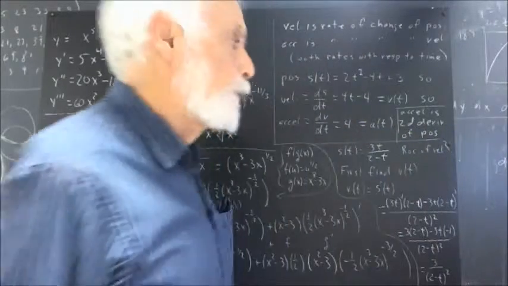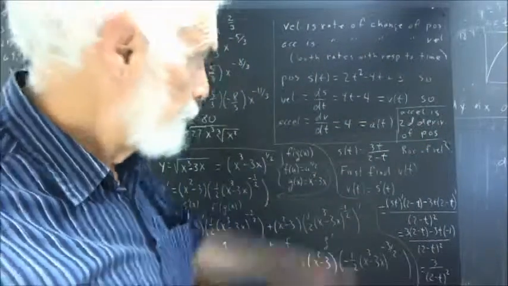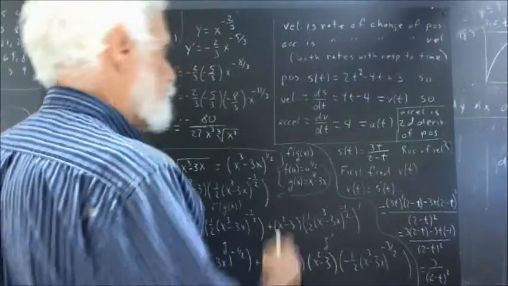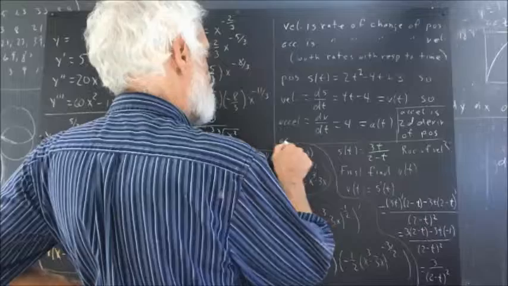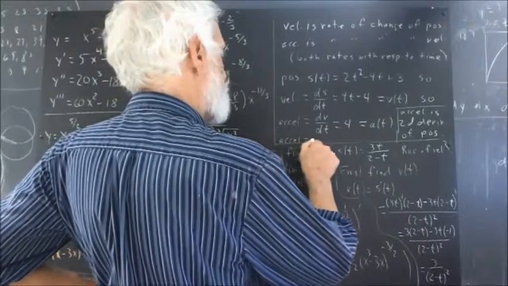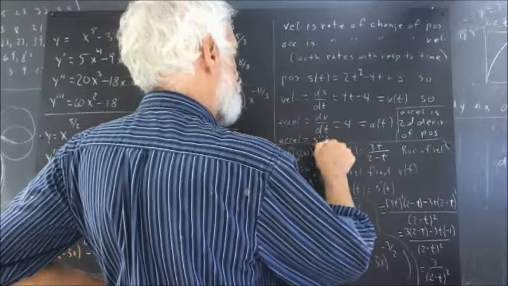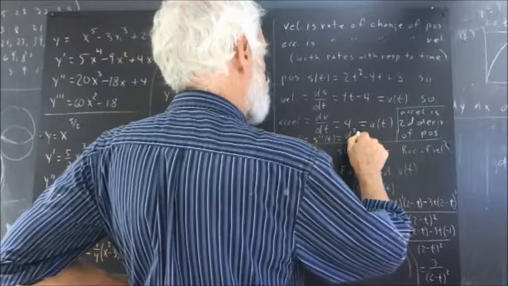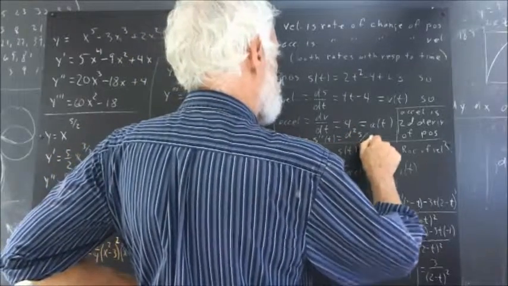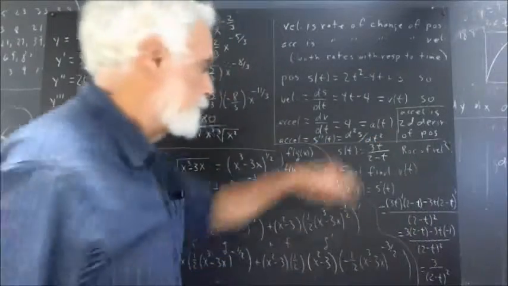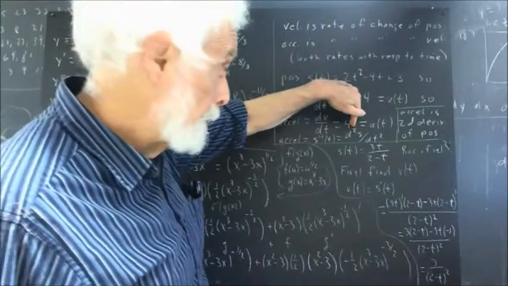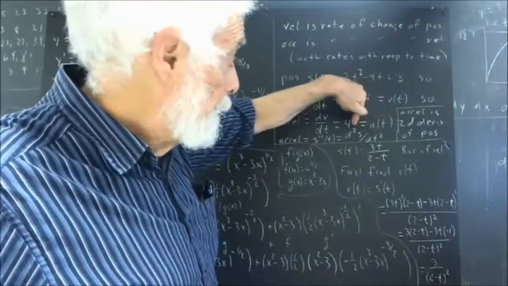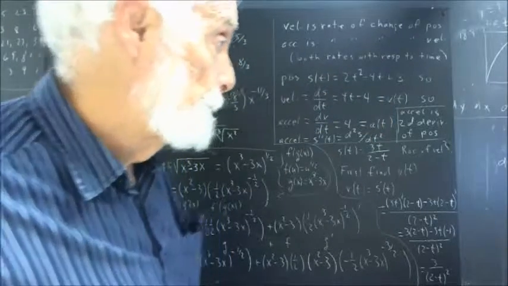Now that's with respect to clock time, but just a note here, second derivative of position. It's s double prime of t, and we can also write that as second derivative of s with respect to t. Putting a 2 on the d here in the numerator and a 2 on the t in the denominator tells us that we're doing the second derivative.